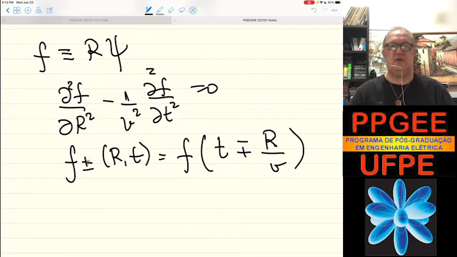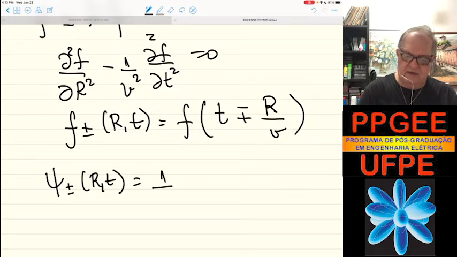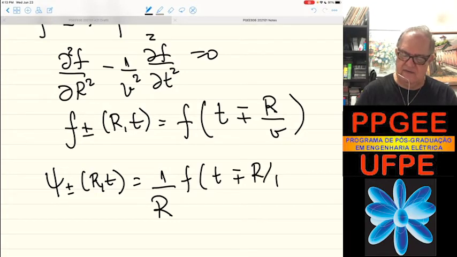The f plus solution is a wave that propagates away from the origin, and f minus is a wave that propagates towards the origin. So when we solve for the potential, we're going to have 1 over r, f of t minus or plus r over v.